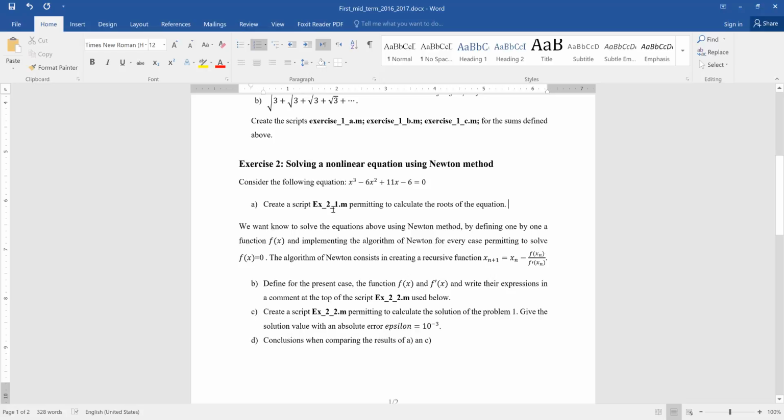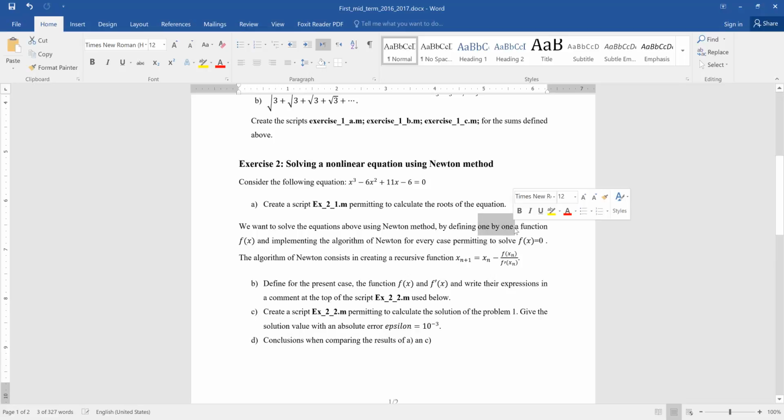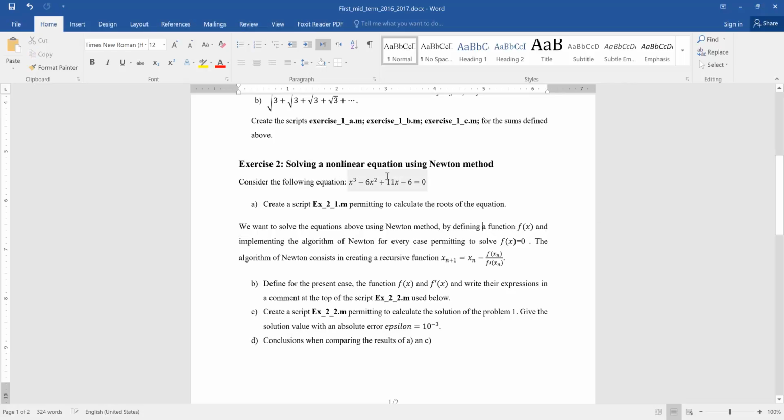They're asking you to create exercise 2 underscore 2, and we want to solve the equation above using the Newton method, by defining a function f of x, and implementing the algorithm, for the case, because we have one case, permitting the solution of f of x equals 0.